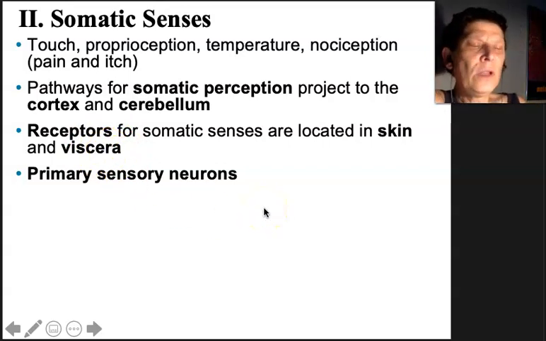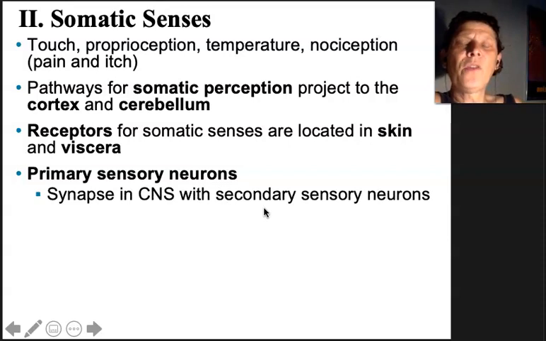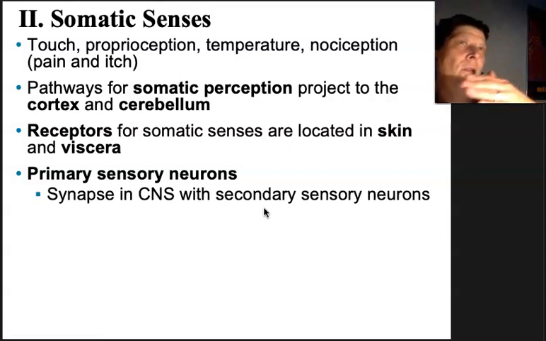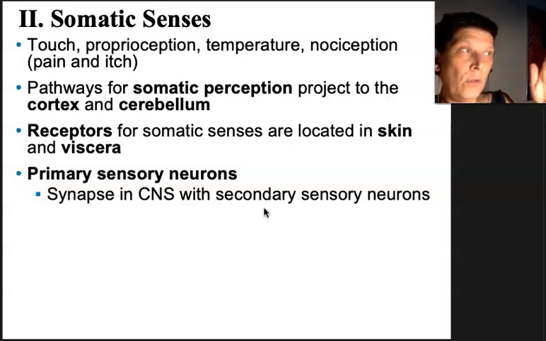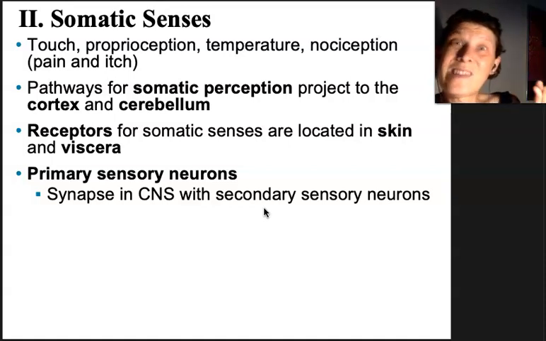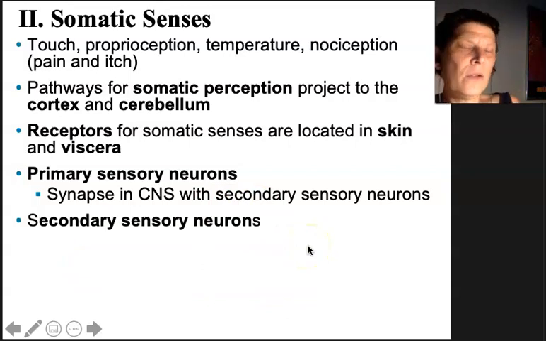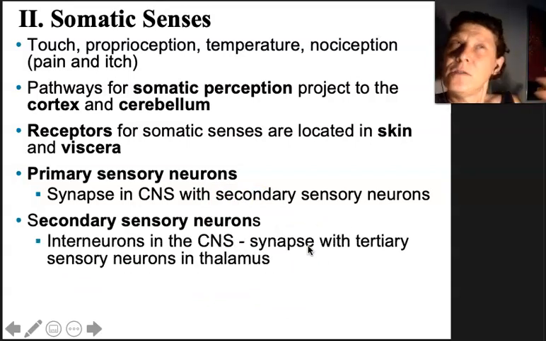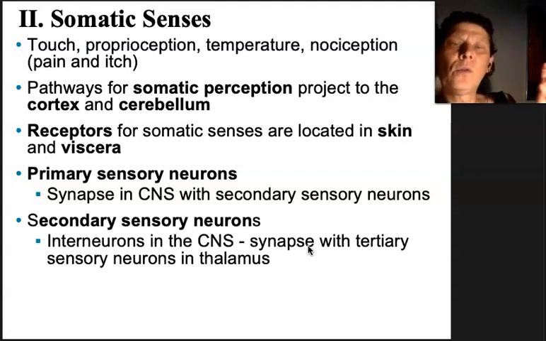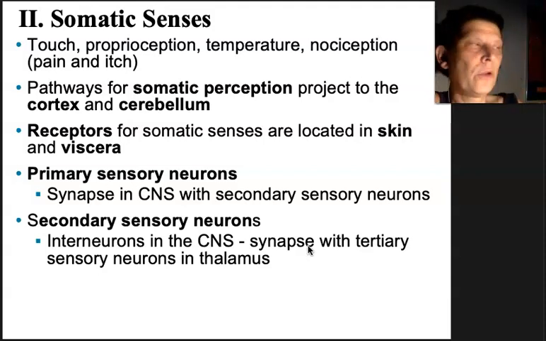Your primary sensory neurons, as we just saw, synapse in the central nervous system, and that is from the receptor in the skin along the afferent fiber to the spinal cord. That's your primary sensory neuron. That will synapse with a secondary sensory neuron that is within the central nervous system, in this case, the spinal cord. The secondary sensory neuron is often an interneuron within the spinal cord that will synapse with a tertiary neuron.